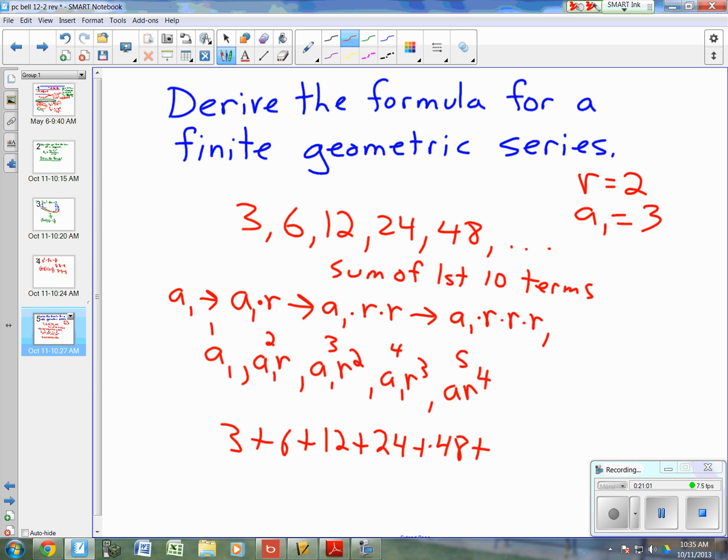That's 5 terms, right? 96. What's the next one? 192. That's 7 terms. 384. Is it 384? Yep, 384. What's the next one? 768. And what's the last one?